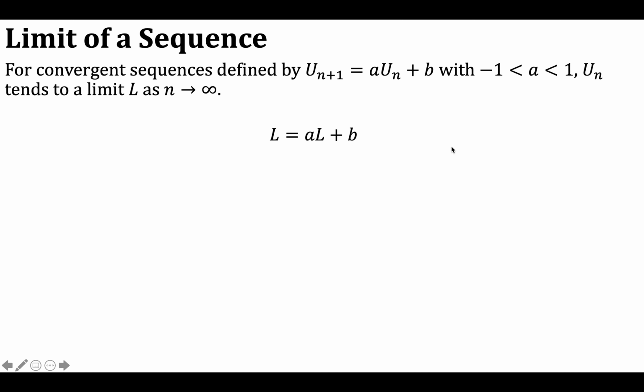Now, I want to be able to calculate the limit without having to rearrange an equation every single time. So let's try and derive the formula for the limit from this.